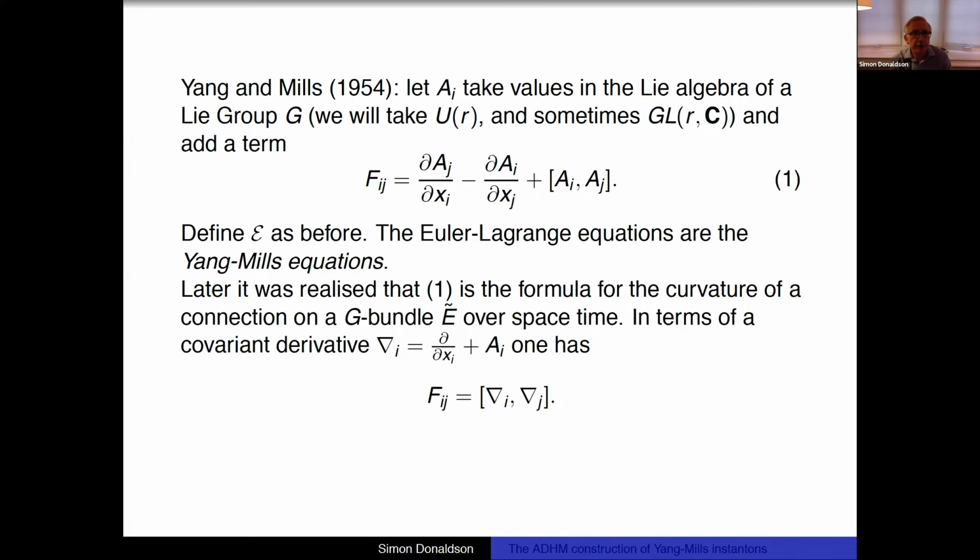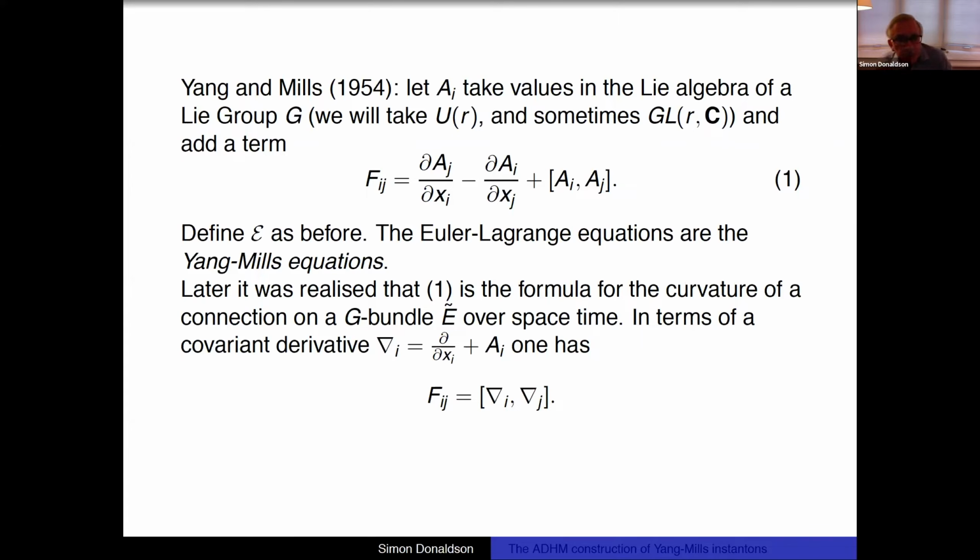Anyway, the key thing is that they added a nonlinear term to the formula involving the bracket in the Lie algebra between the components of the potential. You could define a functional as before, a Yang-Mills functional, and this generates Euler-Lagrange equations, the Yang-Mills equations.